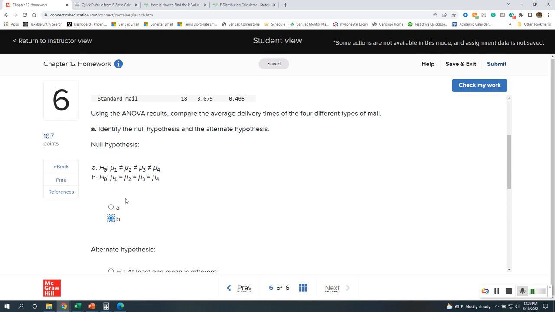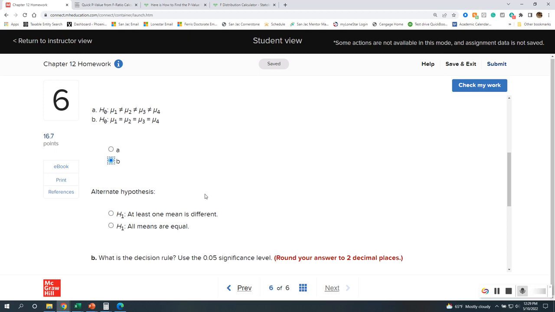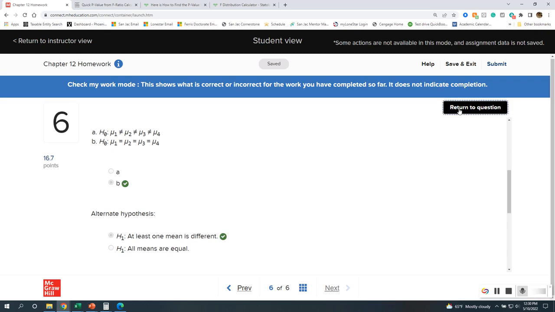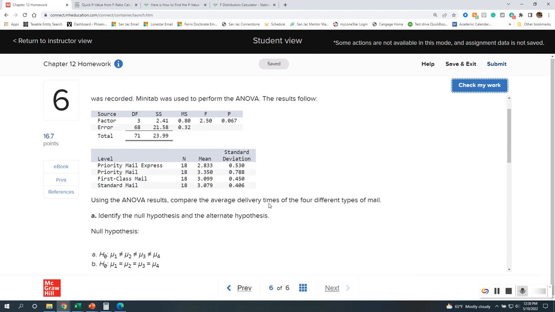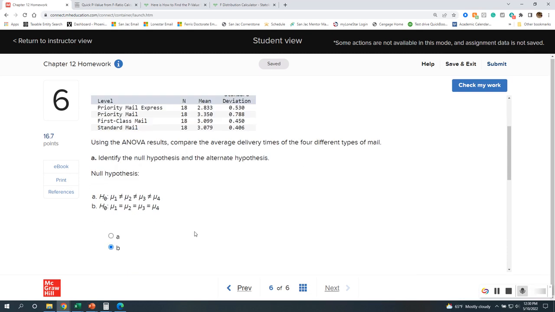Well, again, null is always equal, so out of the choice of the 2, we will only take the equal. And alternative means that at least one mean is different because they cannot be all equal. So check to make sure you got those two. Awesome. What is the decision rule? Use 0.05 significant level. Basically, what is our F critical? Well, we got degrees of freedom of 3 and 68.